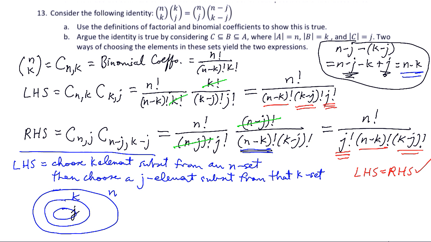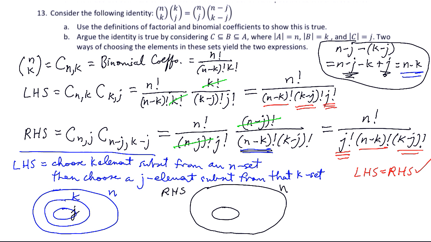Now the right-hand side is starting with the set of size n. First, we're going to choose a j element subset from that set of size n. Then, in order to end up with the same thing, we're going to choose the rest of what was this k element subset. But we've already chosen j of the elements of it, and so we need to choose now k minus j elements out of the remaining elements that aren't already chosen.